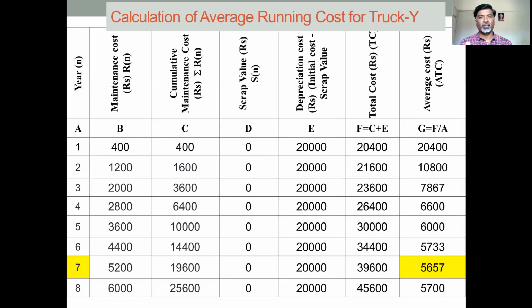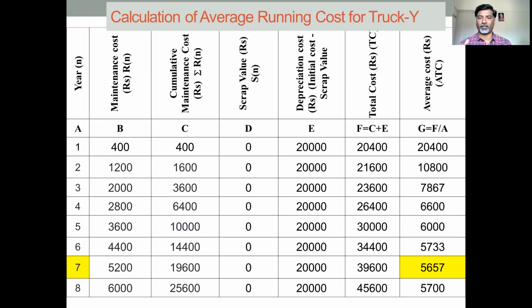So in this fashion, you have to calculate depreciation cost, initial cost, and average cost for all years, and you have to verify. You have to just review the average cost. Till the 7th year, we found that the average cost is decreasing.